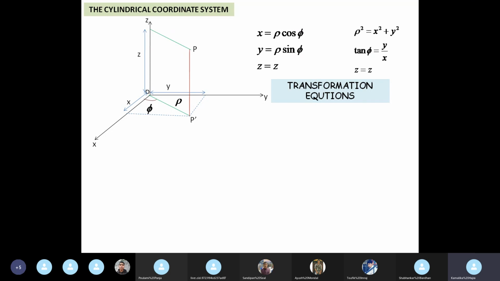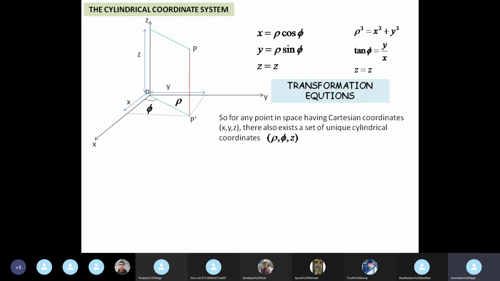Okay. So you can see that these two sets have given me my transformation equation, and for a particular point P, this set is unique. All right. Hence, for any point in space which has Cartesian coordinates x, y, z, there also exists a unique set of cylindrical coordinates rho, phi, z.